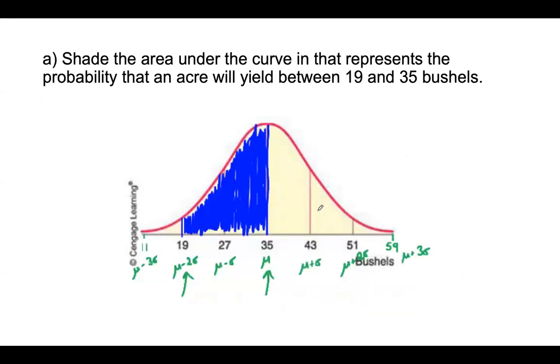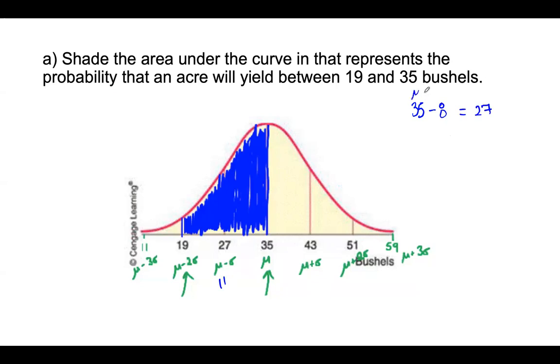So we could calculate this. We could calculate 35 subtract 8, which is 27, which is here.